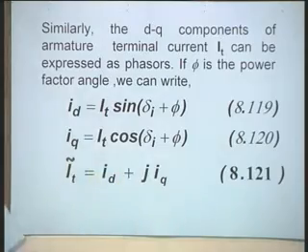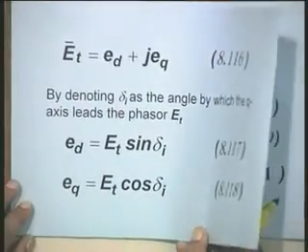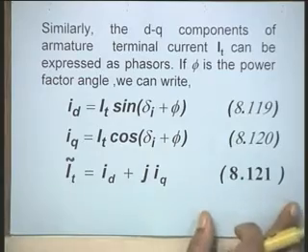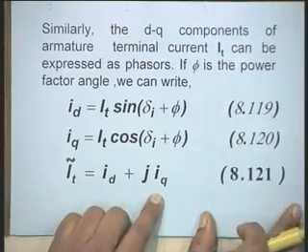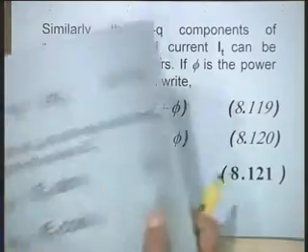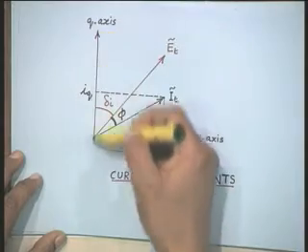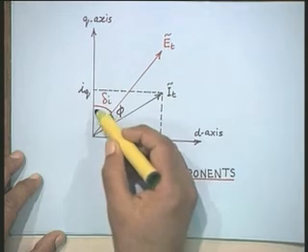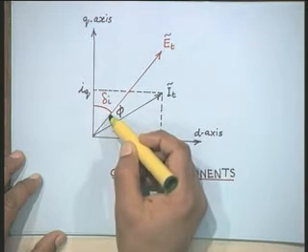This exercise is done similarly to what we did for voltages. Therefore, in the phasor diagram I can simply show IT equal to ID plus j times IQ, and this diagram I have just now shown to you. Here the angle between the q axis and the terminal voltage we denote by delta I.